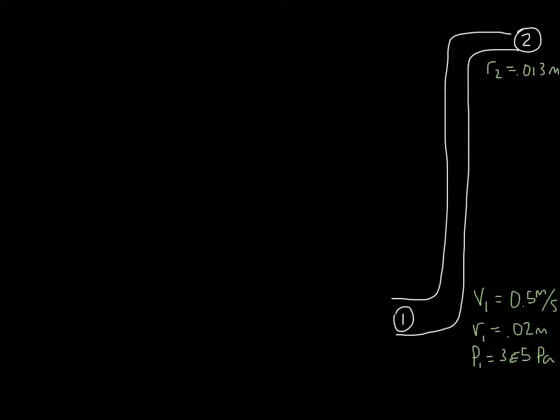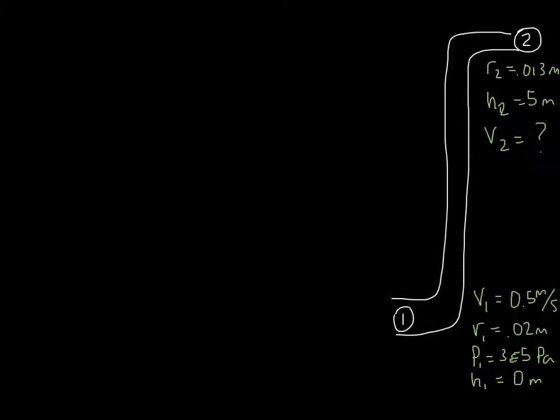We know that the height, H2, is 5 meters, which means we can go back down here and say the height H1 is 0 meters. That looks like about all that we know, and we want to figure out the water flow speed in the part of the pipe on the second floor. So the first thing we're trying to figure out is, what does V2 equal?